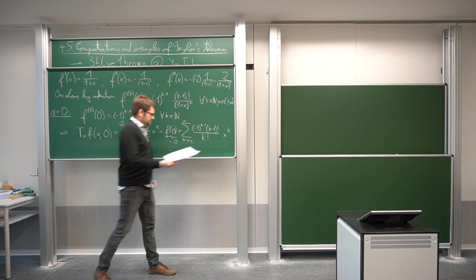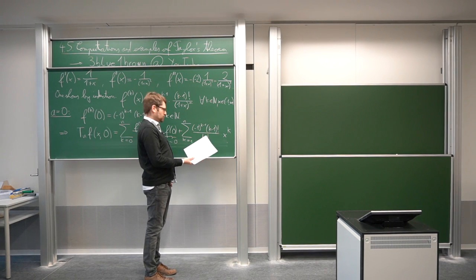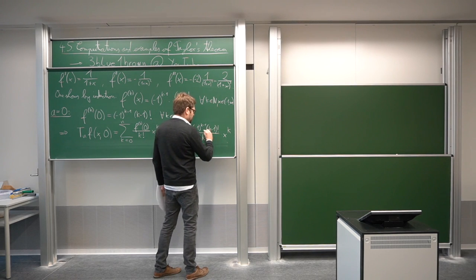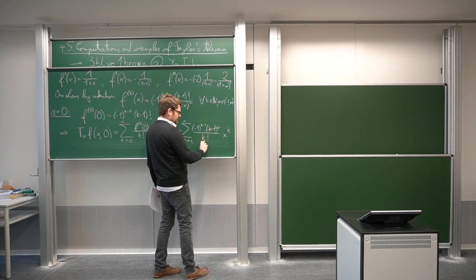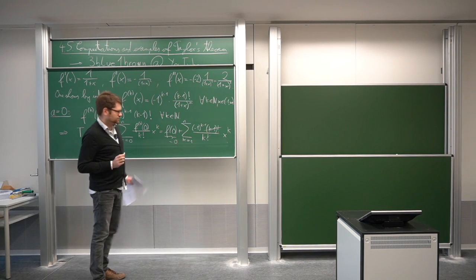Now take a look at this. We've got k minus 1 factorial divided by k factorial. And if you take a look at the definition, this just means that we can reduce the fraction by eliminating this. Here k factorial is the same as k times k minus 1 factorial. So basically we can erase the factorial symbolically.